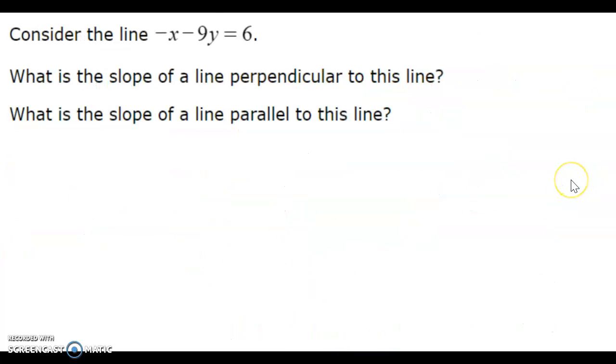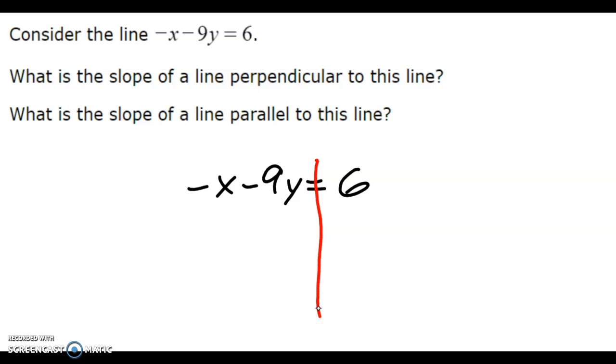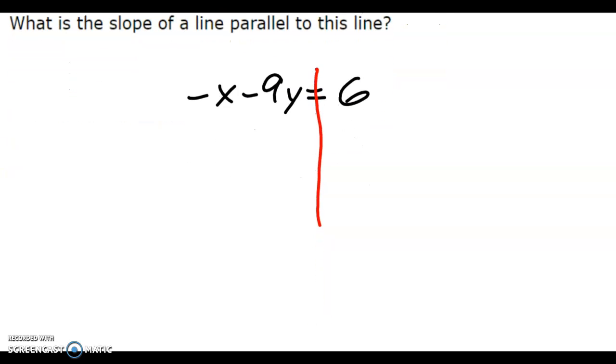So here's another one. We'll kind of be able to go through this one a little bit quicker. So remember, if you're asked a question that has anything to do with slope, let's get it into that slope-intercept form. So let's go ahead and get our y alone. So the first thing we're going to do, cancel out that x.